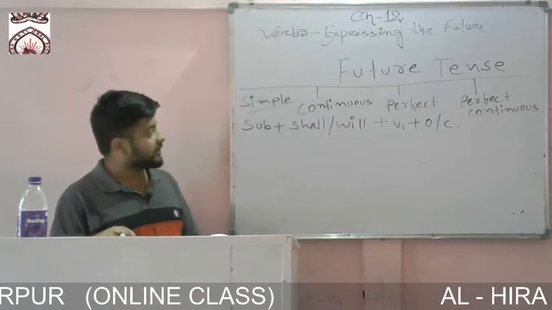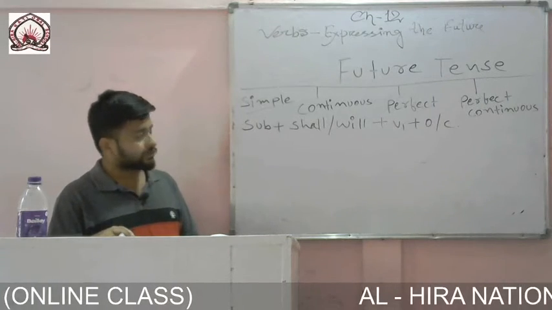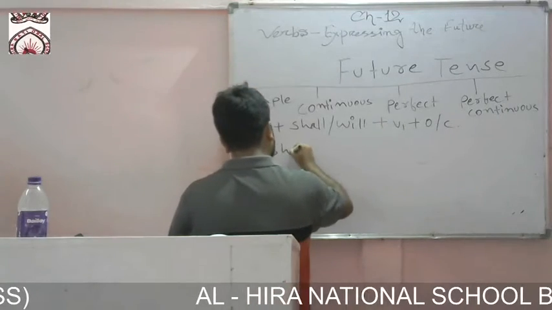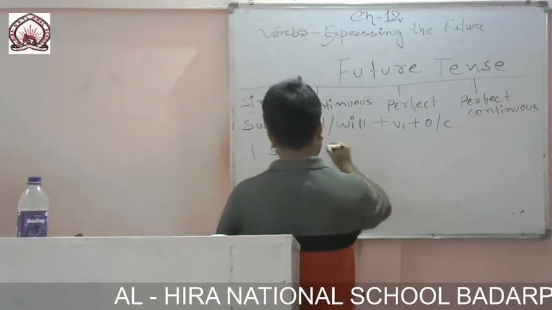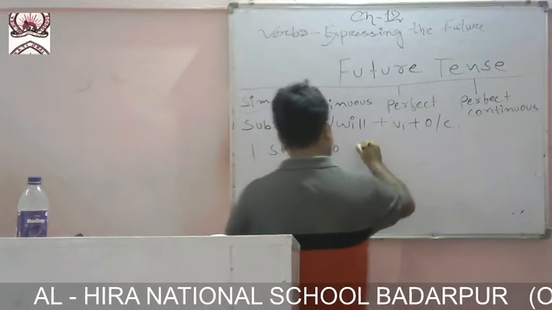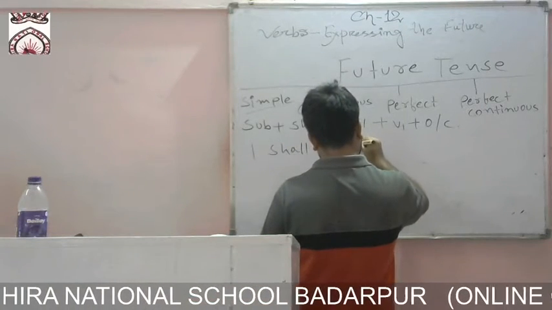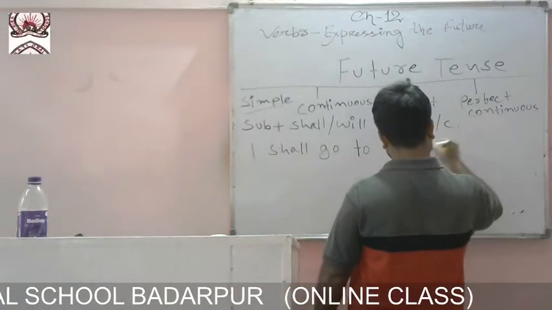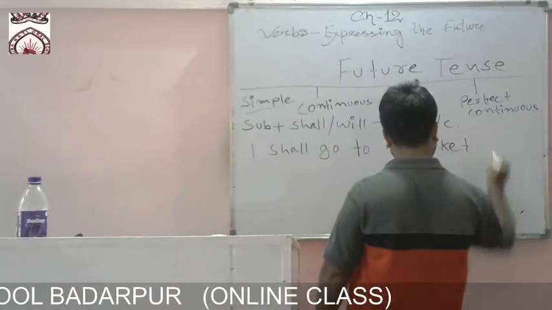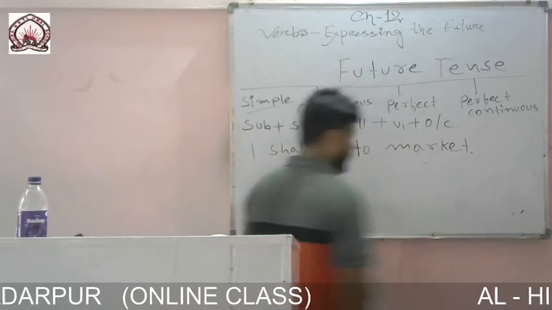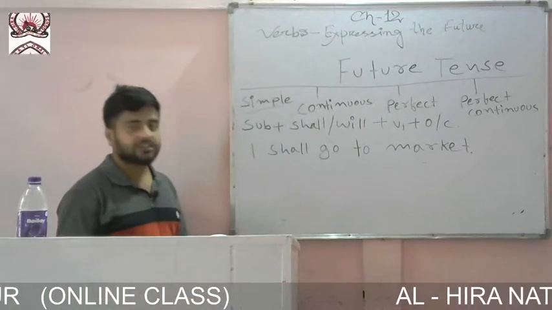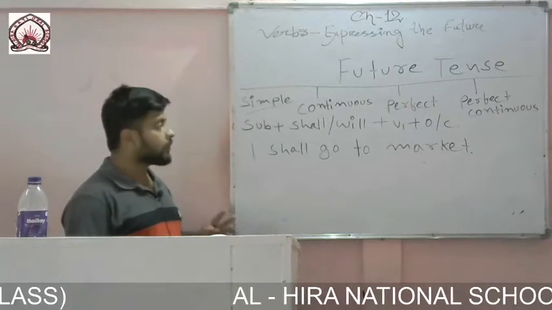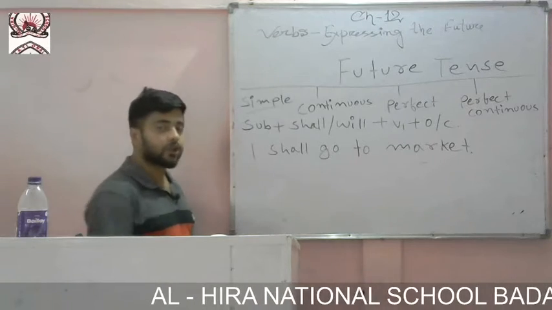Now let me write a sentence. I shall go to market, M-A-R-K-E-T. Now, what is the formation? The formation is subject plus shall or will plus verb 1 plus object or complement.